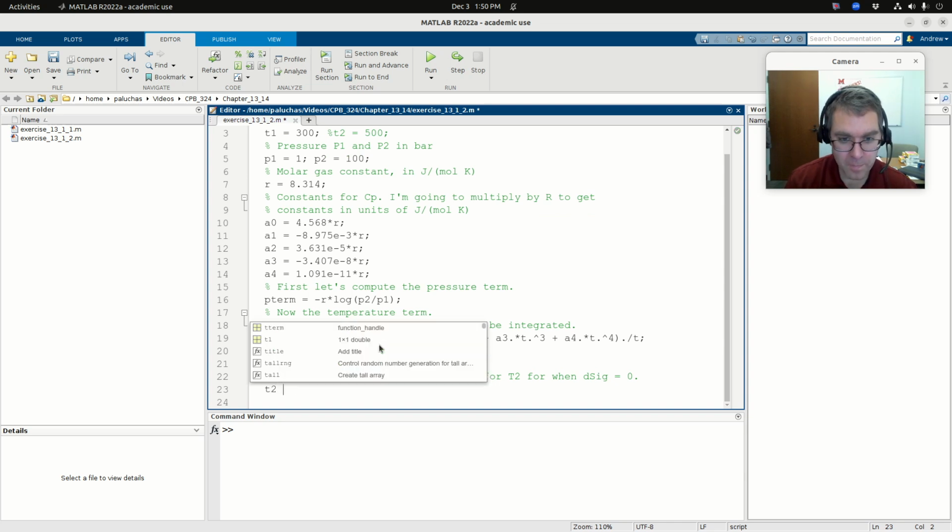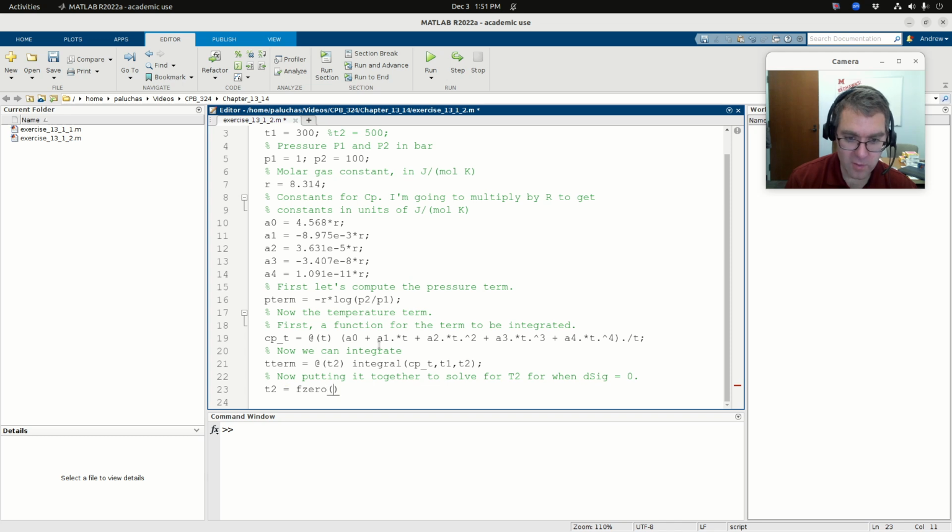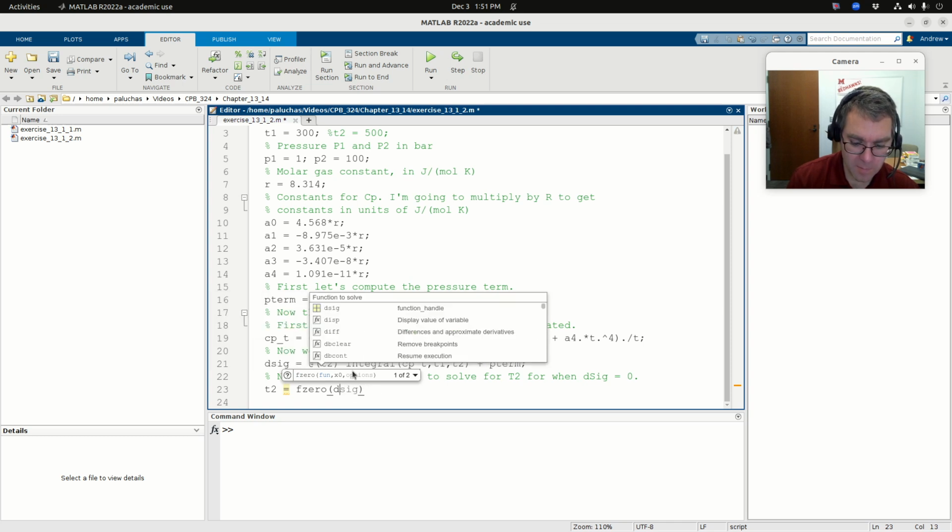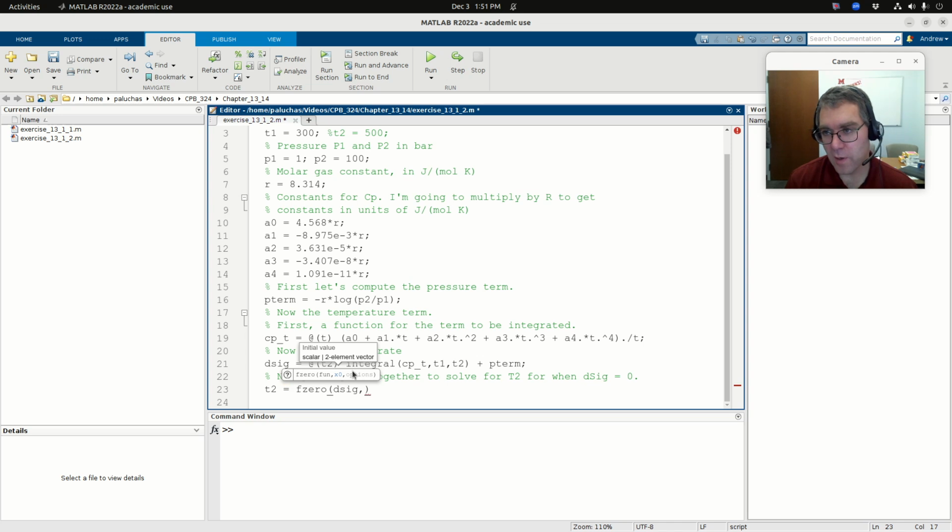Let me do T2 is equal to, I use my friend F0, and instead of calling this T term, I'm going to call this ds ideal gas, because ds ideal gas is just my T term. Then I'm going to add to it the P term. What's the search range? Here's a case where let me start with an initial guess. Before, T final was 500, so let's just start with that as the initial guess. And that should be it.